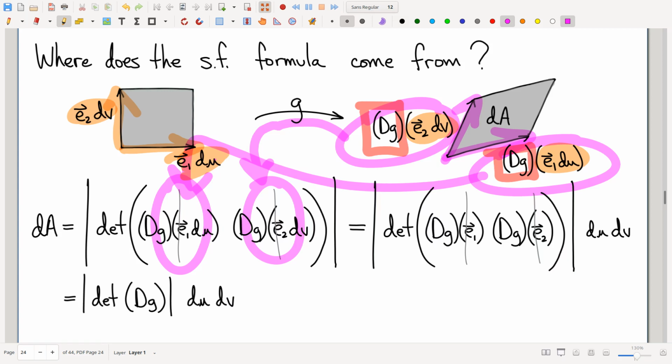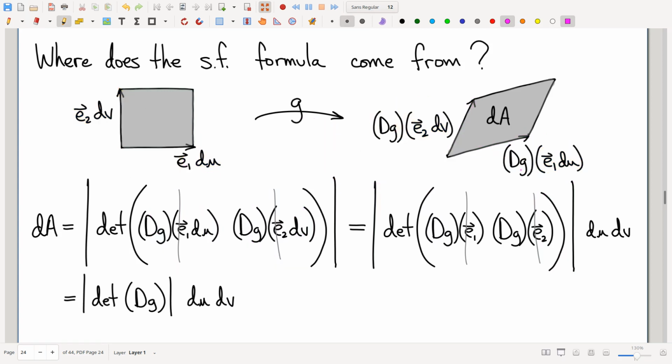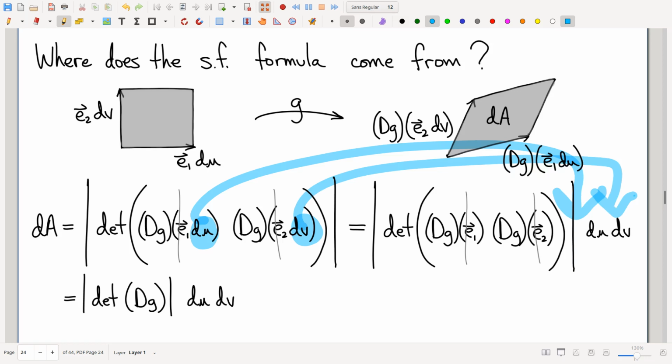Now, the rest of this argument I'm going to let y'all read through. This is straight up linear algebra from this point. You just need to persuade yourself, for one thing, that these two scalar factors, du and dv, will factor out. So think about the properties of determinant and how that works with constants in columns, just linear algebra.